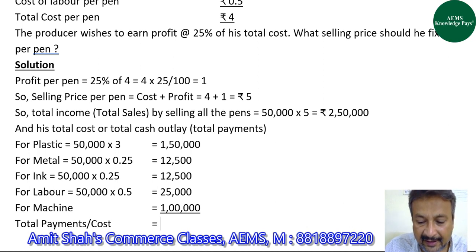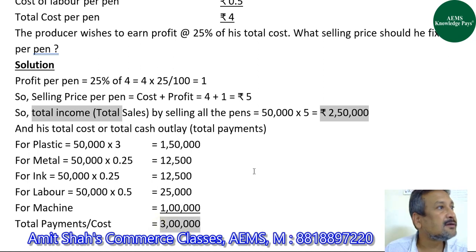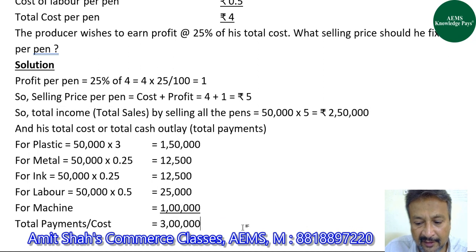Is 3 lakhs. Whereas he would be earning total income of 2 lakh 50,000. So will he have profit or loss? He will have loss. He will not have profit.